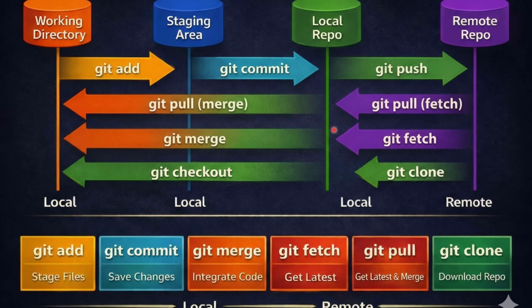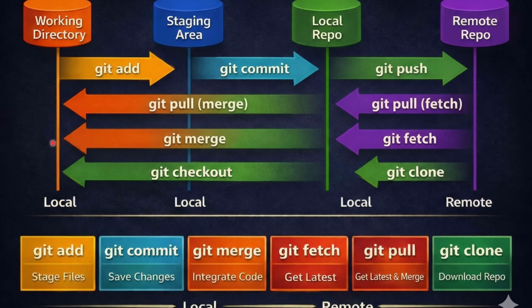Now you have a choice, whether you want those changes in your working directory or not. If you don't want them, you can discard those changes, and if you really want them, then you have to execute the git merge command. This git merge command will move the files from the local repository to the working directory, right? So git pull, and then we have git fetch and git merge.